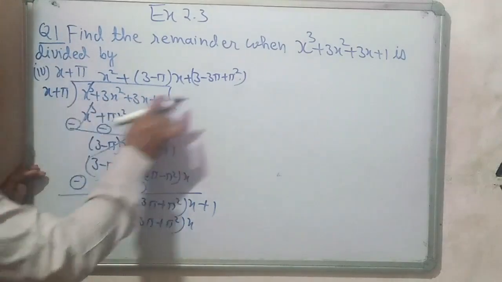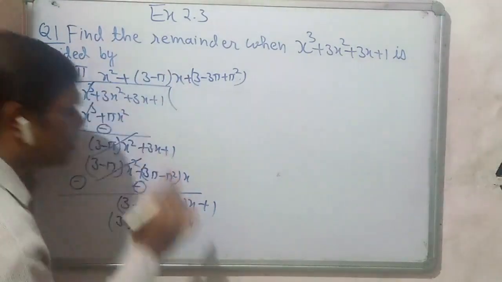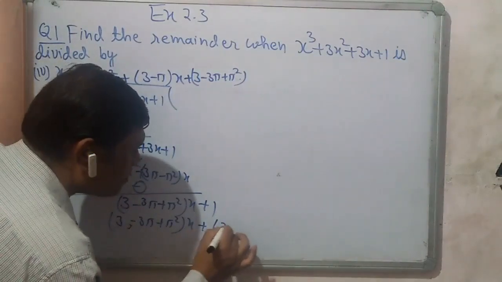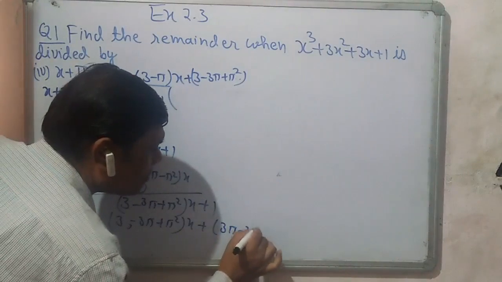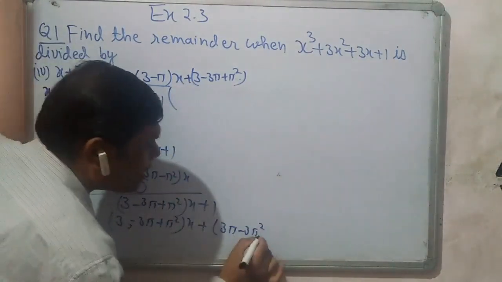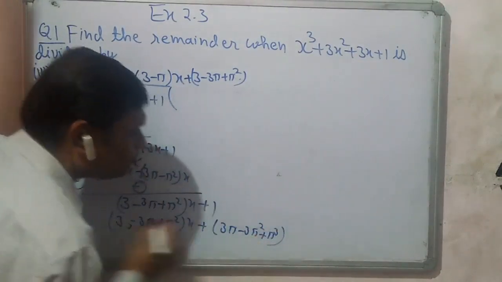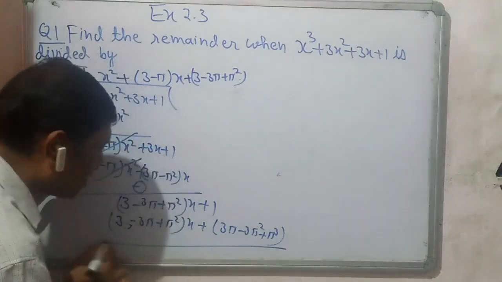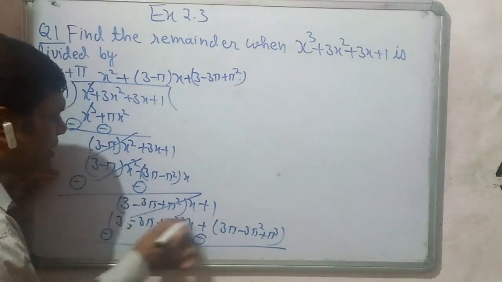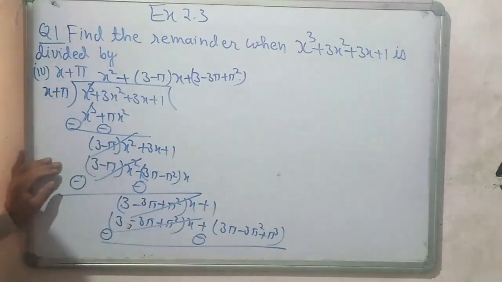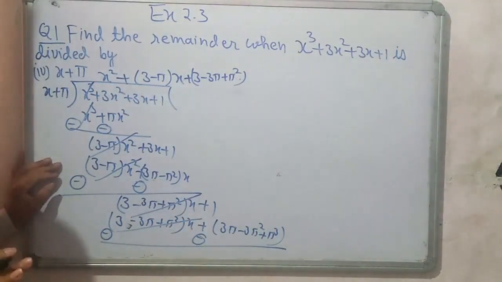Now we have plus pi. Pi will be multiplied in all the terms. Plus 3 pi minus 3 pi square plus pi cube. And we have to subtract them. This will get cancelled. What are we going to get?